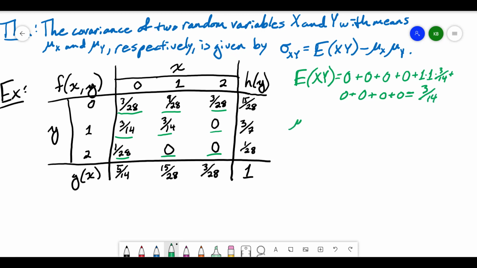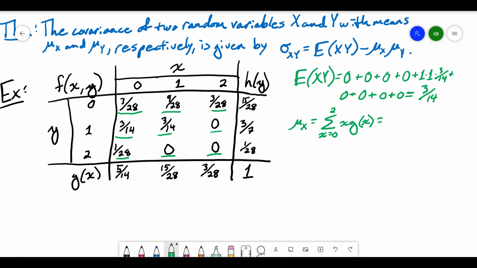Now to find the mean of the random variable x, I'm going to be taking the sum over all the x values, so x goes from 0 to 2, of x g of x.